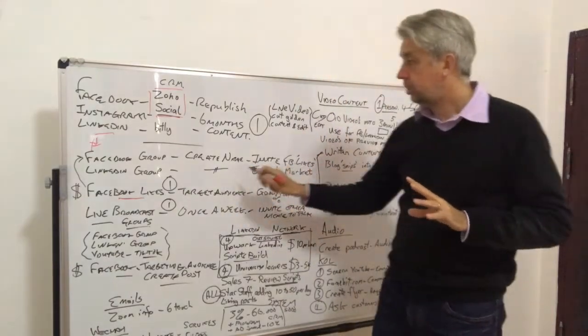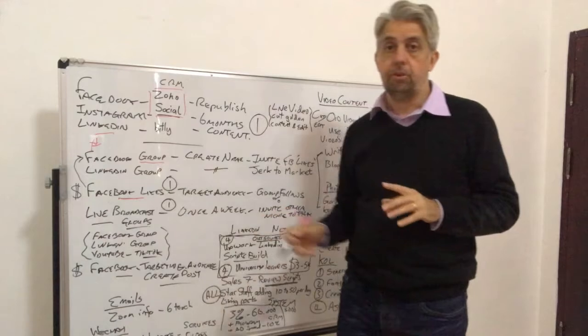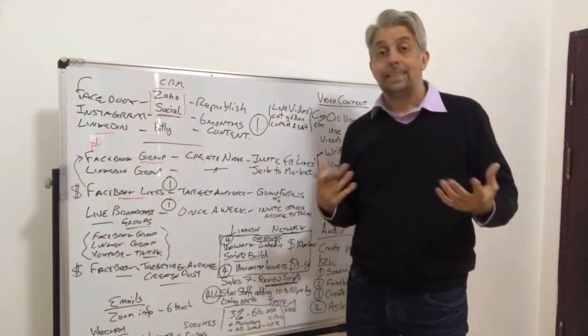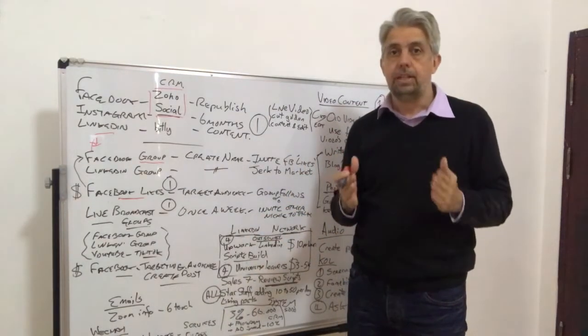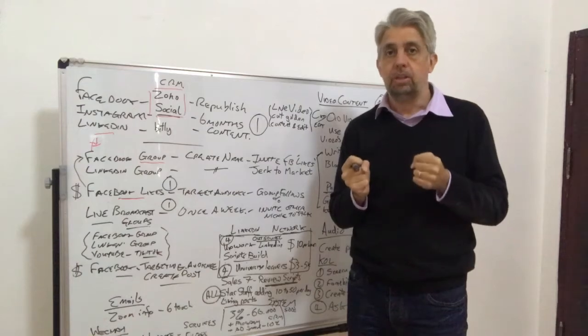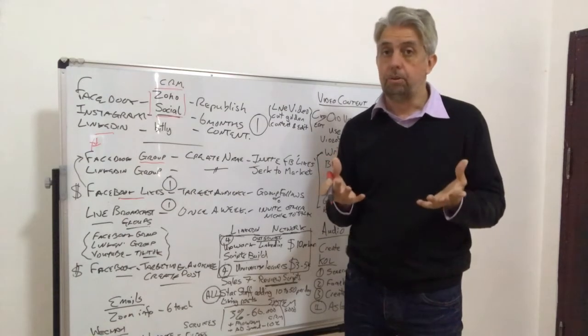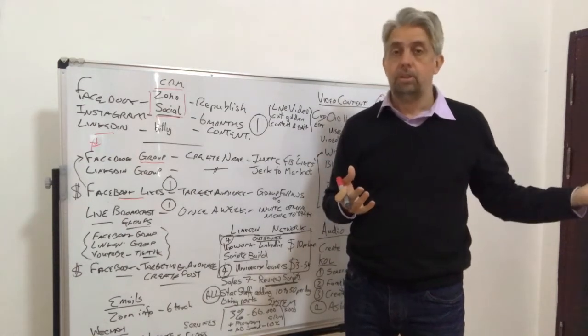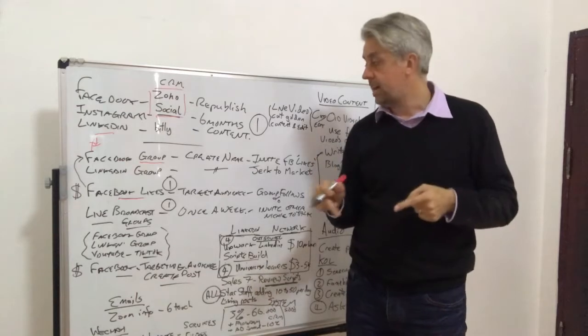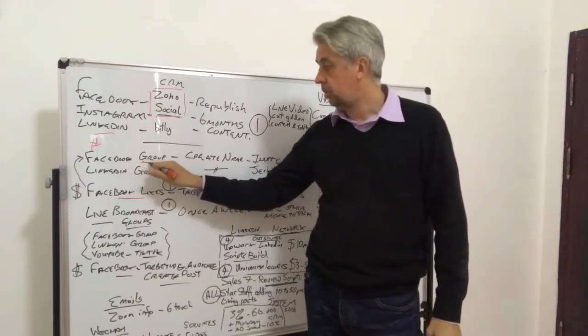And you slowly build up your group. Having a group of 10,000 people within your niche is a powerful tool, and the best time to start a group was maybe 2 years ago, but the second best time is right now. So it's very important to start a group.